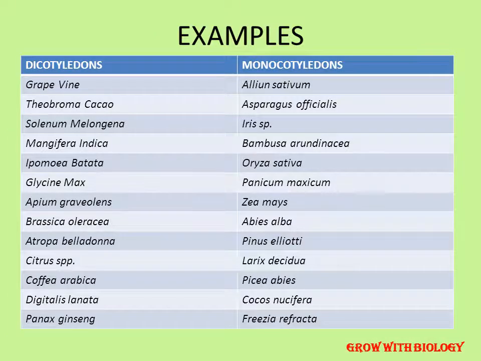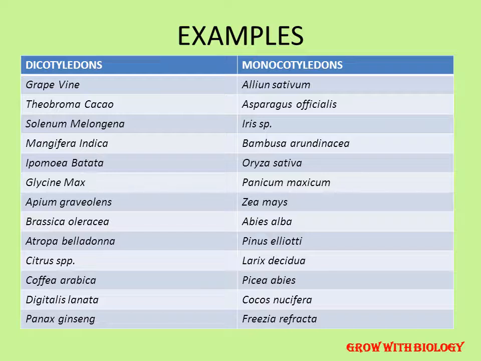Now these are the examples of the plants which are grown by somatic embryogenesis: dicotyledons and monocotyledons. Dicotyledons examples are grapevine, cacao, solanum, mangifera, ipomoea, glycine, apium, brassica, atropa, citrus, coffea, digitalis and panax.